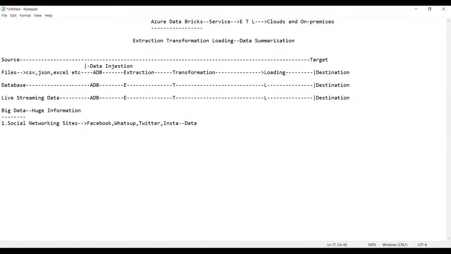So basically this is a business, and from the business we get the data. We put the data in the form of files or whatever type you have.